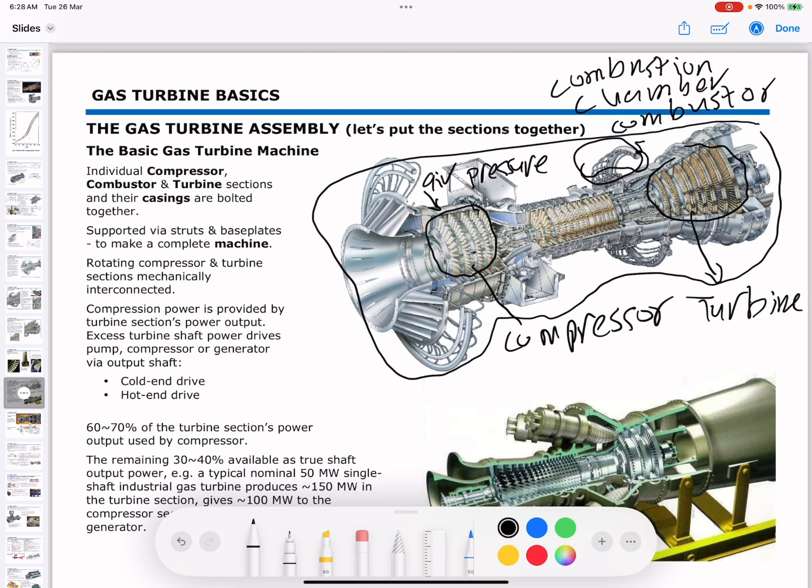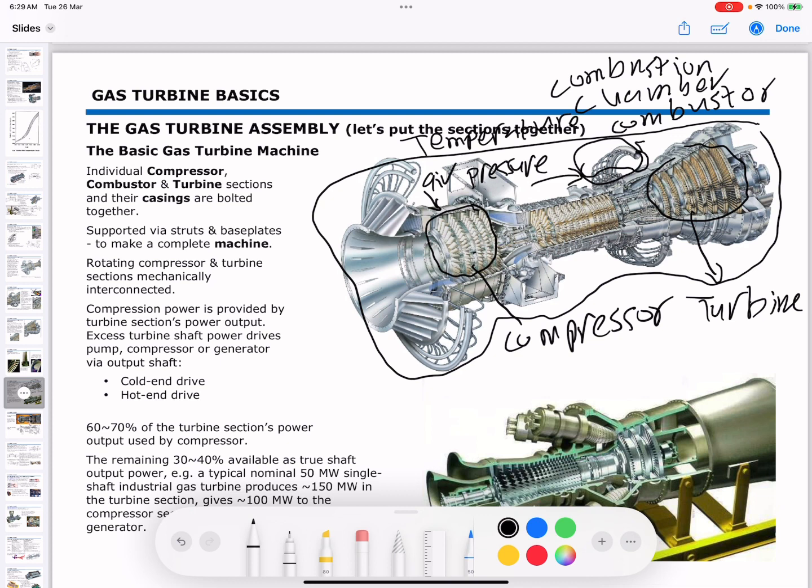It typically consists of multiple stages of rotating blades and stationary vanes. The compressor progressively increases the air pressure, and not only does the pressure increase, but the temperature also increases as it moves through each stage, preparing it for combustion.